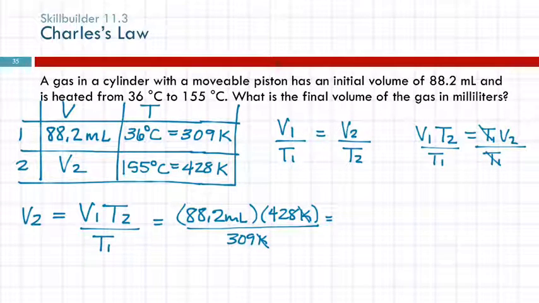The unit of my volume is going to be milliliters. 88.2 times 428 divided by 309. 122.16 milliliters. Because I'm looking at this volume and I'm seeing 3 sig figs. So 122 milliliters.